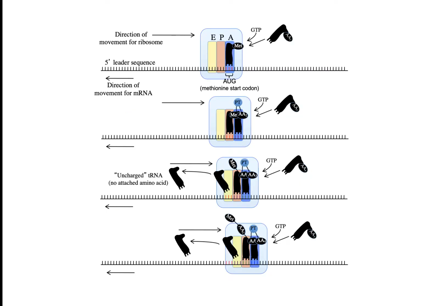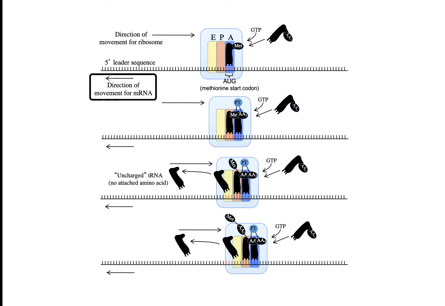So currently, translation works like this. There's the mRNA, the 5' end of the mRNA, and the ribosome travels in the 5' to 3' direction down that mRNA, or you can look at it the other way, where the mRNA is being pushed through the ribosome in the opposite direction.